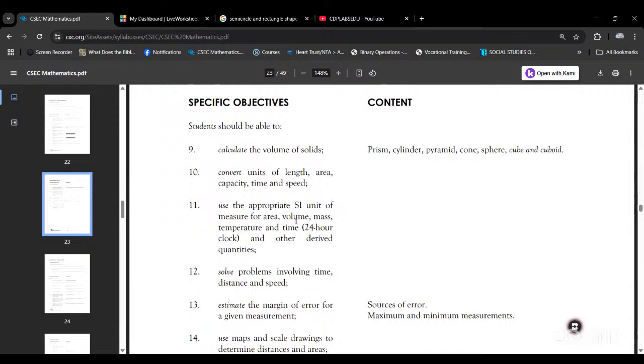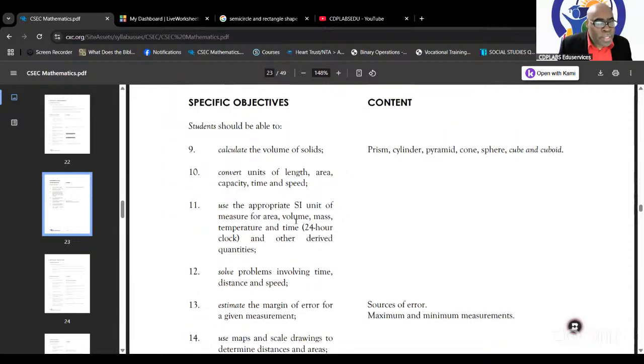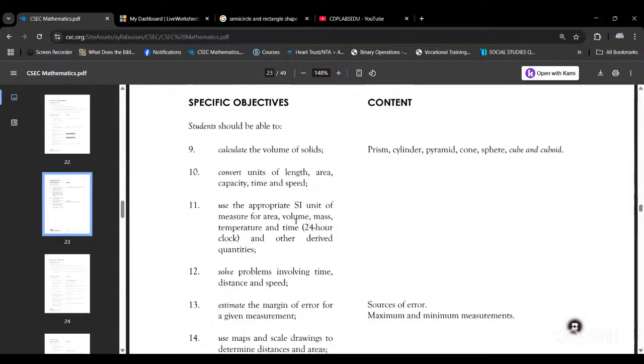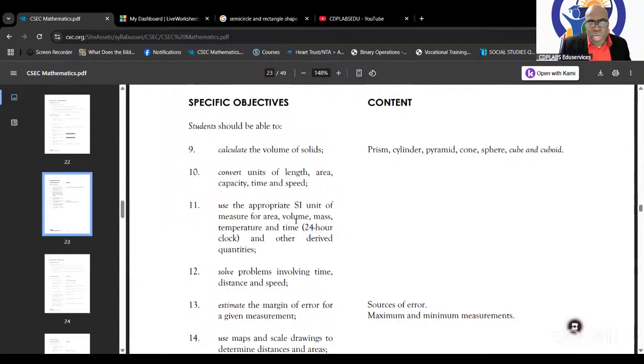All right. Now, convert units of length, area, capacity, time, and speed. What does convert mean? So if we change it, yes, you change.